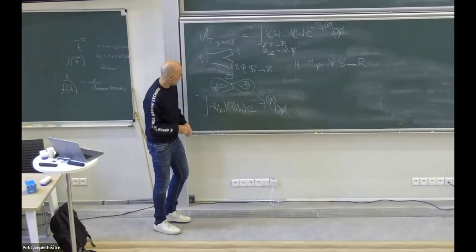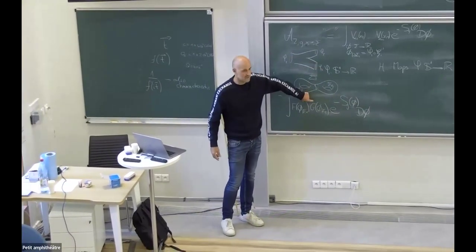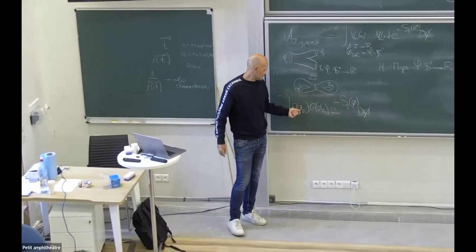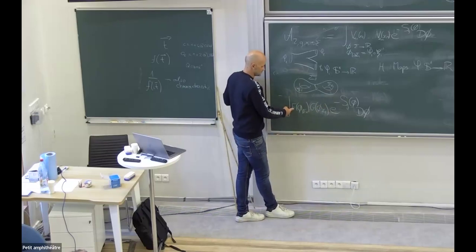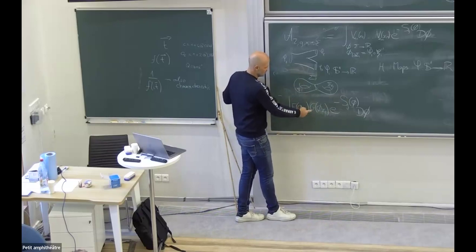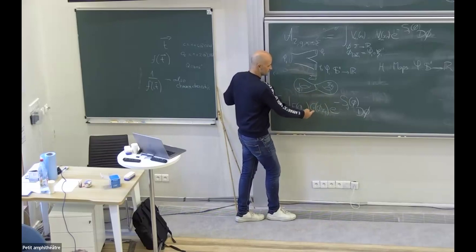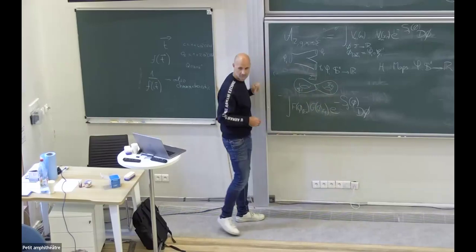If you want to compute this, here this is just an observable. It has a special form: it takes a function of the restriction of the field to the first surface times another test function of the field restricted to the second surface.